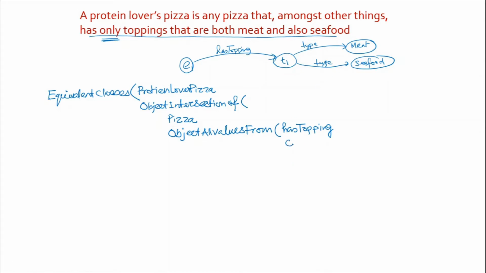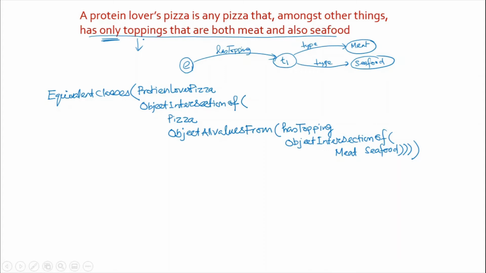So we have another object intersection embedded here, object intersection of meat and seafood. So this is going to be the OWL functional style syntax representation of this text.